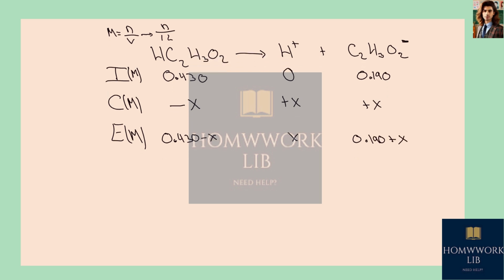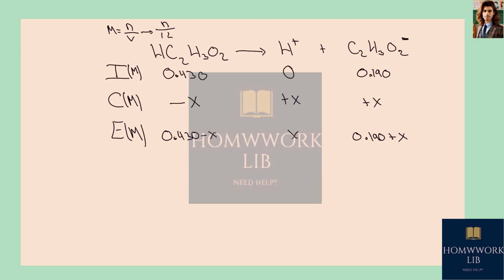Now, let's write down our acidity constant for this reaction, which tells us that Ka is equal to the concentration of H plus times the concentration of the salt anion that we have, divided by the concentration of the acid that we began with.